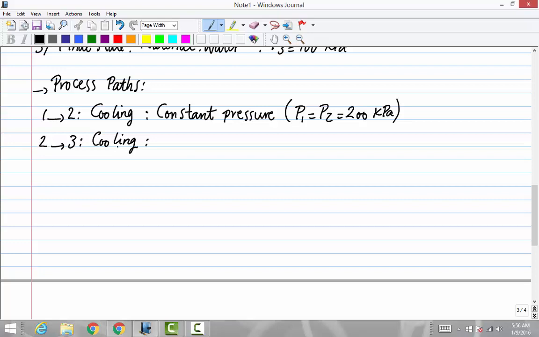Please, let me check the previous sentence. The water is allowed to cool at constant pressure. No, that was the first path. Until it exists as saturated vapor and the piston rests on the stops. So from now on, the piston is not going to move anymore. So the piston does not move in this path, in this process, point 2 to point 3. Okay, so piston doesn't move.